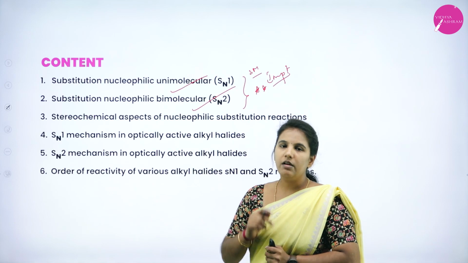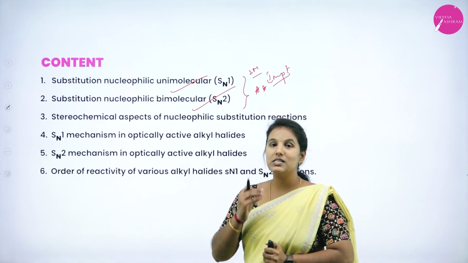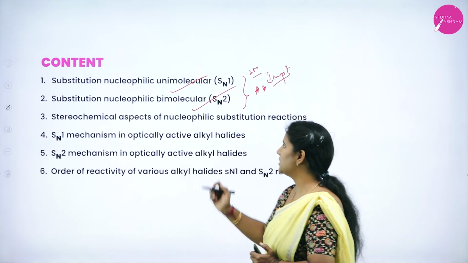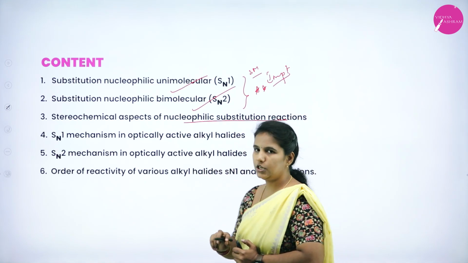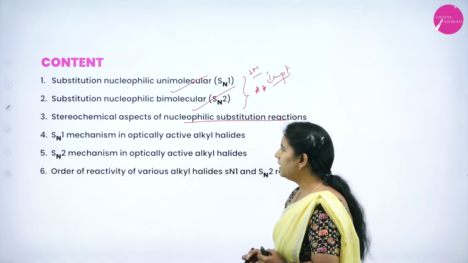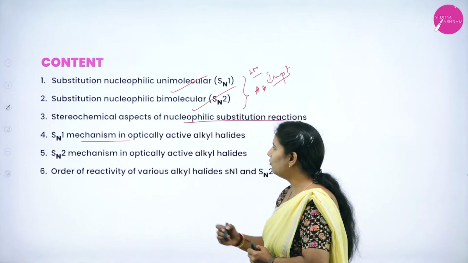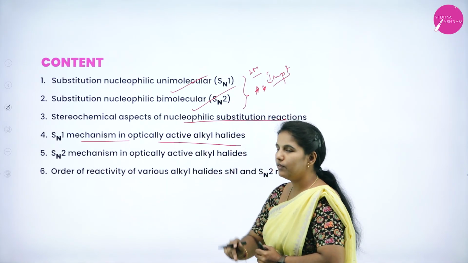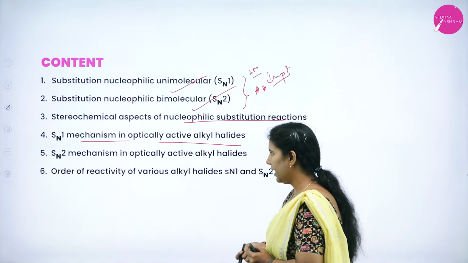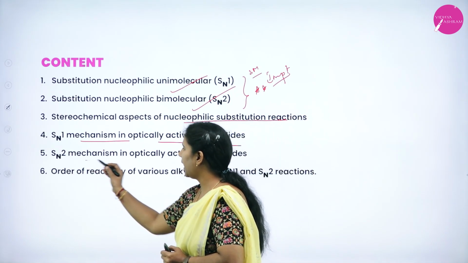In addition to that, we are also going to discuss some of the stereochemical aspects of nucleophilic substitution reaction, and understand how an optically active alkyl halide behaves in the SN1 mechanism. Similarly, we will see how it behaves in the SN2 mechanism.